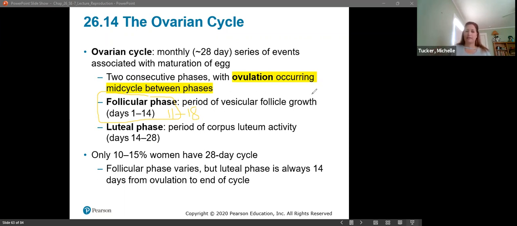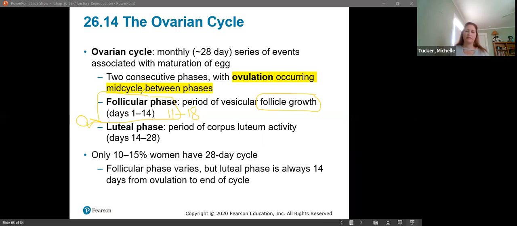During the follicular phase, this is where we're recruiting primordial into primary follicles. So the follicles are going to be recruited for development, and we'll get a dominant follicle. The oocyte inside the dominant follicle goes from primary to secondary. In between the follicular phase and the luteal phase, this is where ovulation occurs.